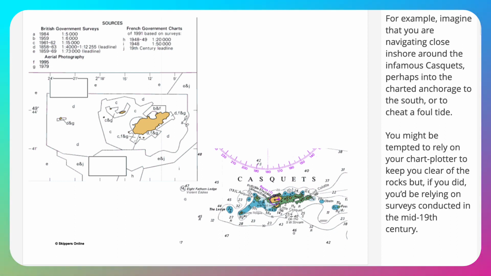For example, imagine that you are navigating close inshore around the infamous Casquets, perhaps into the charted anchorage to the south, or to cheat a foul tide. You might be tempted to rely on your chart plotter to keep you clear of the rocks, but if you did, you'd be relying on surveys conducted in the mid-19th century.